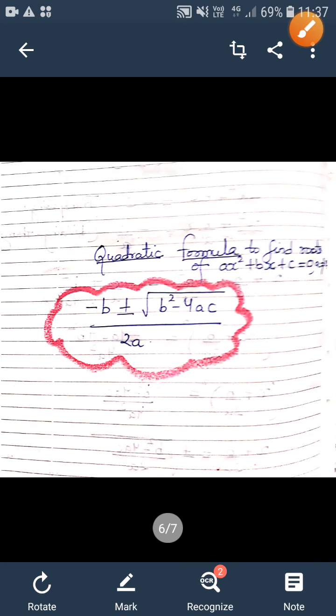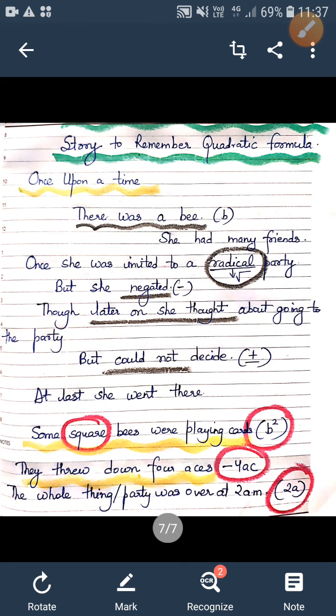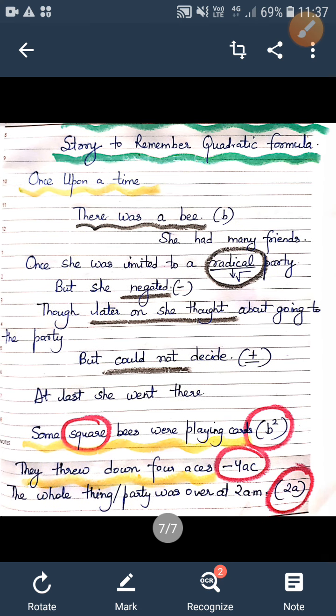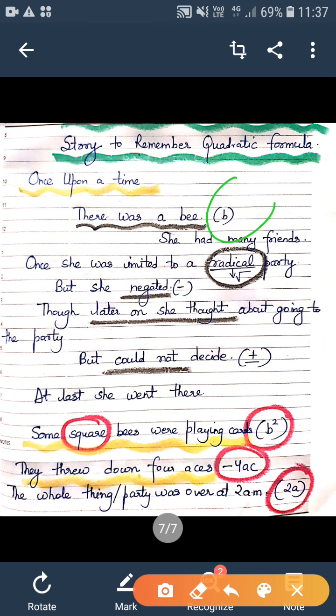Now how do we remember this quadratic formula? There is a story about it. You can memorize this formula like this: once upon a time there was a b, you can write it as a small letter b. She had many friends, and once she was invited to a radical party.